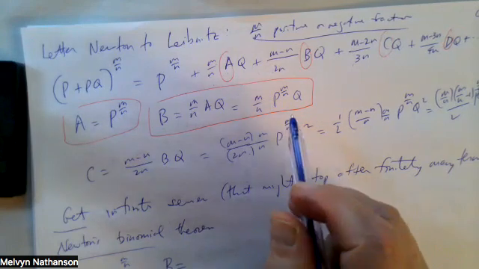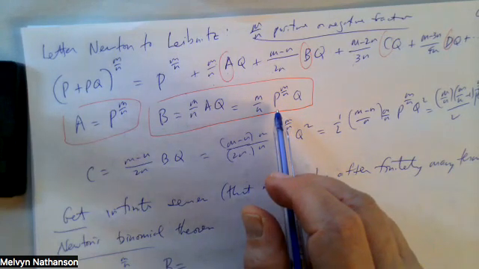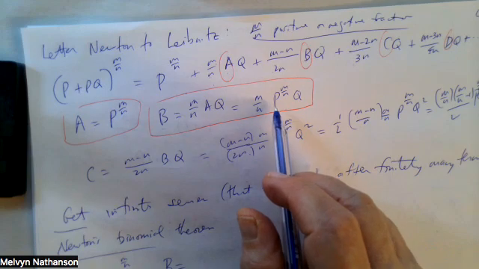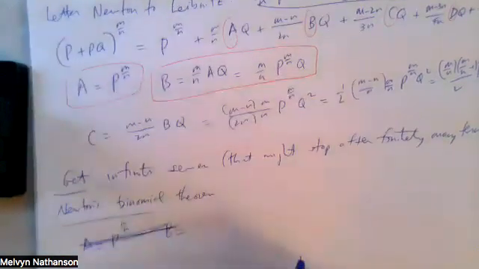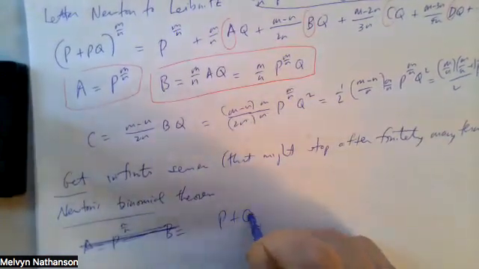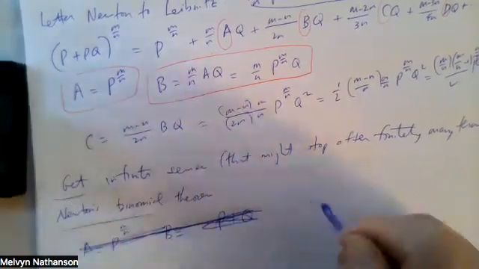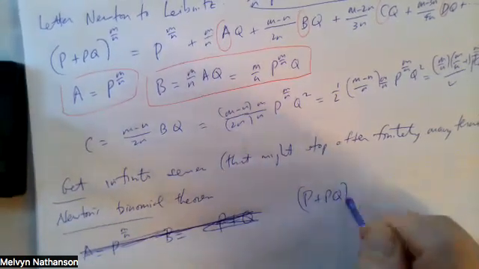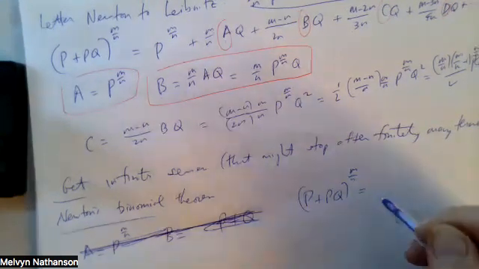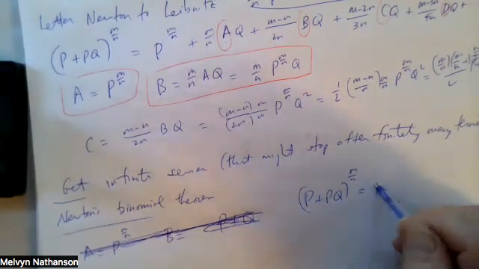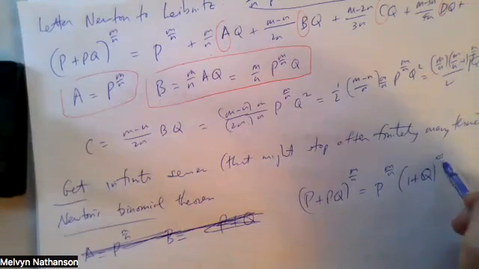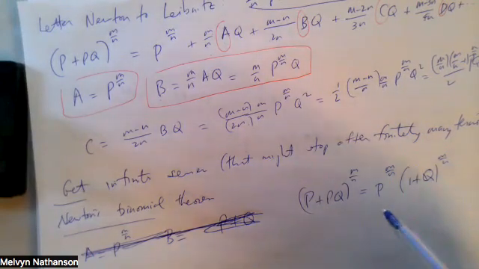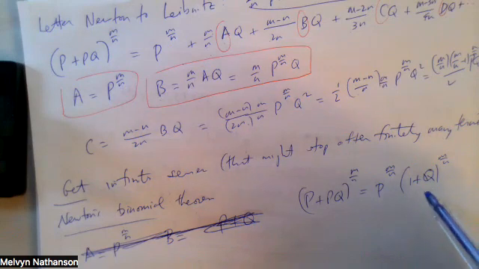If I factor out, so we're expanding P plus Q. We're expanding P plus PQ to the M over N. In modern notation, you could factor out the P. This would be P to the M over N times 1 plus Q to the M over N. So essentially, what Newton is doing is expanding 1 plus Q to this fractional power.